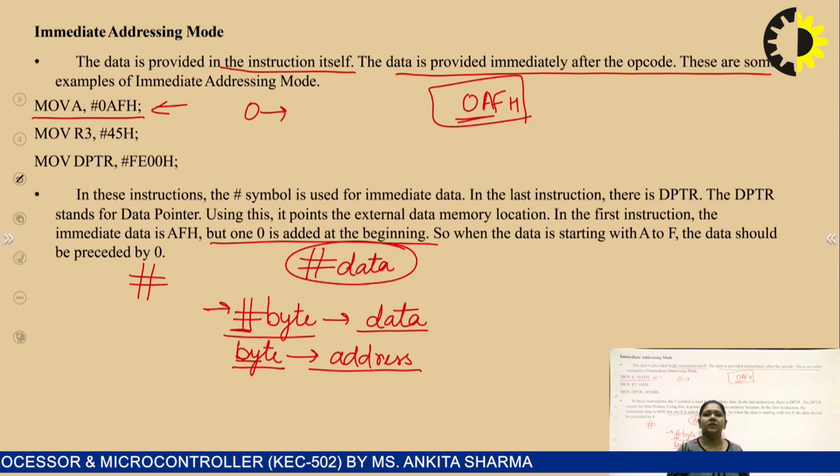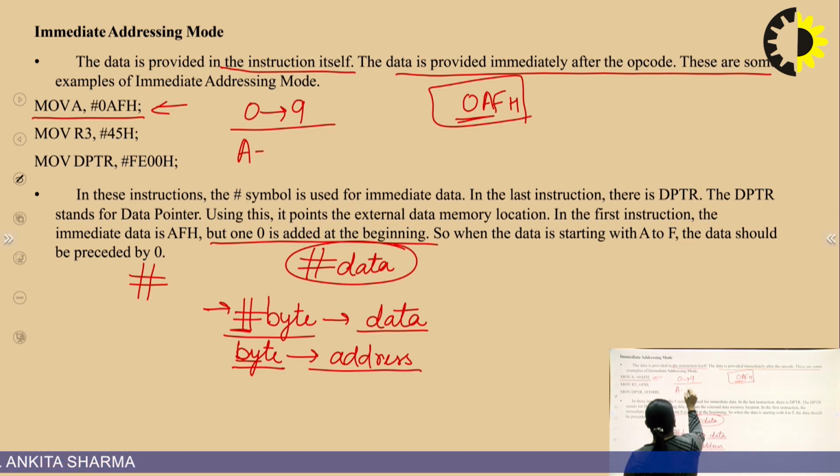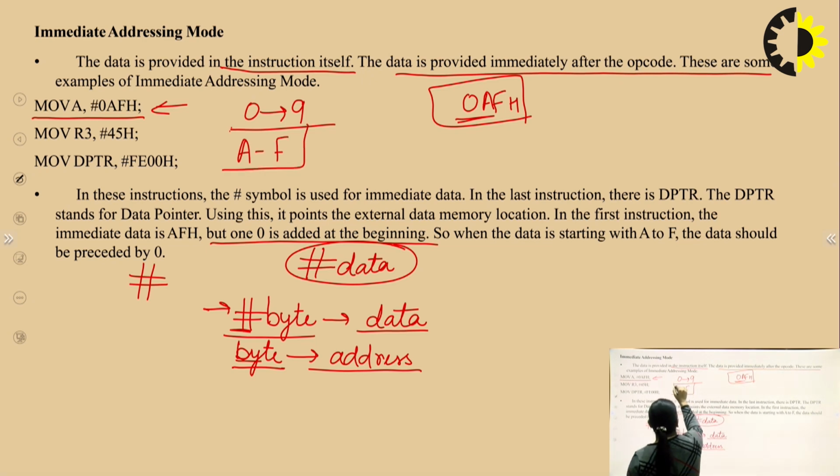When we are using hexadecimal numbers 0 to 9, we can easily differentiate. But if we have a hexadecimal number between A to F, at that time these hexadecimal numbers will be used after putting a 0 before them.